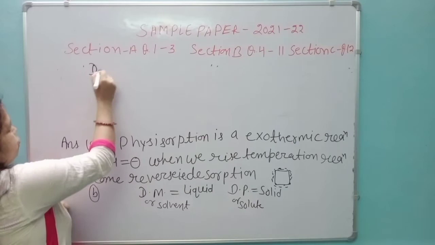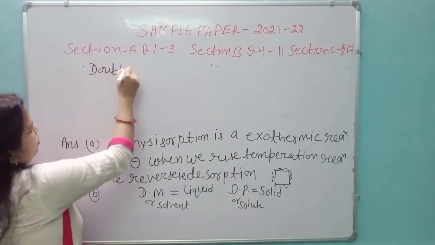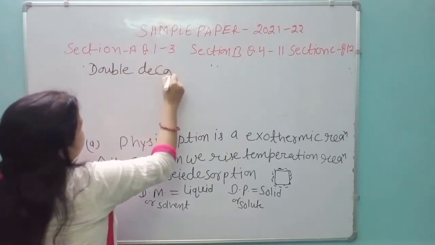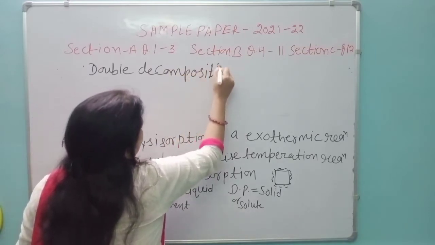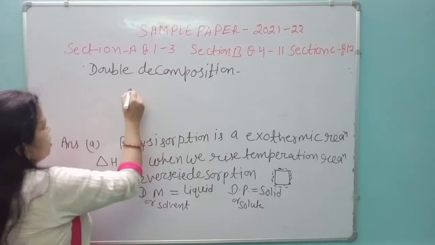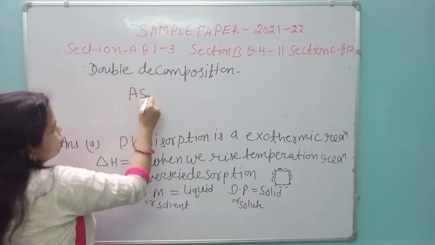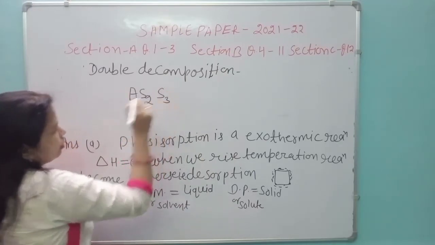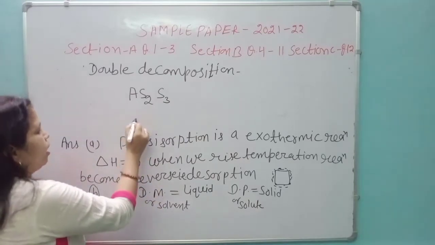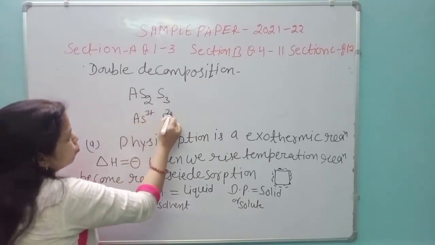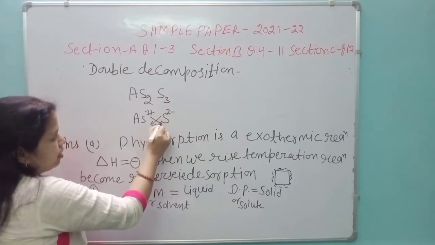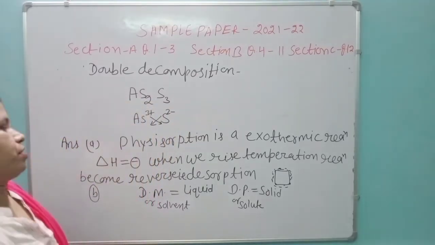So what is the reaction of double decomposition? Arsenic sulphide, As2S3. How to write the formula? Arsenic 3 plus, sulphide 2 minus, and cross multiply. This is the arsenic sulphide.